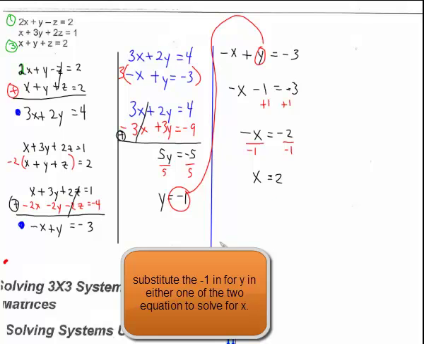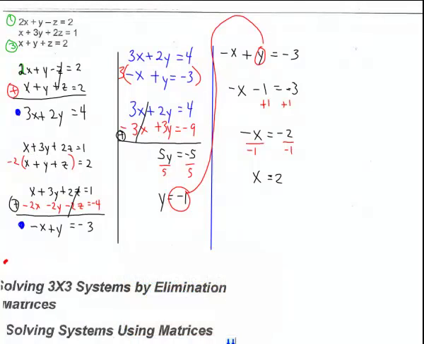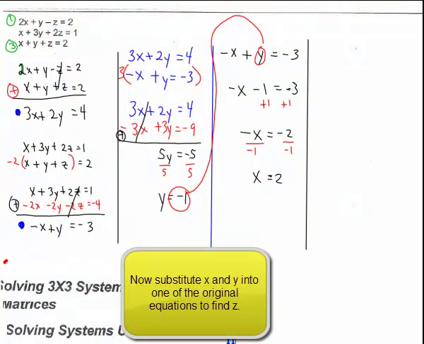So now I have two variables. I still need to find the third variable. Now use any one of these three equations to substitute in the values, and the third equation is the easiest. Substituting our values, x is 2, y is minus 1, plus z is equal to 2.